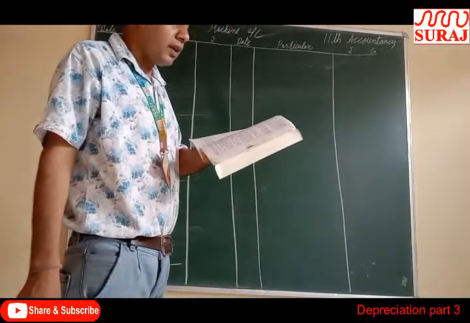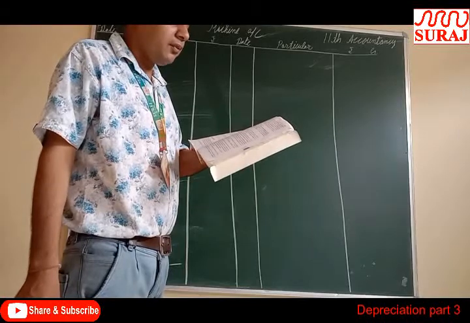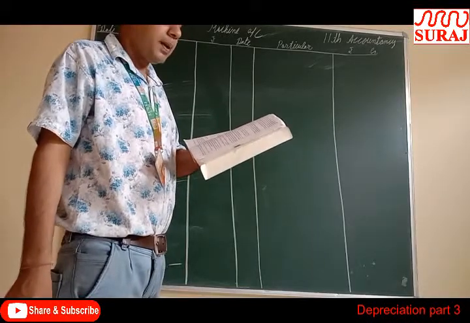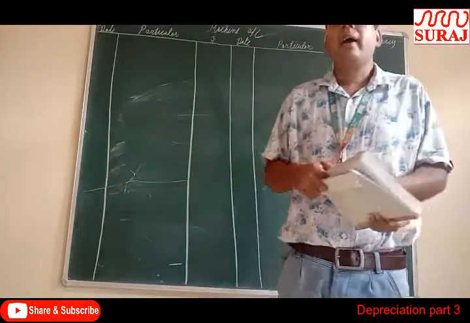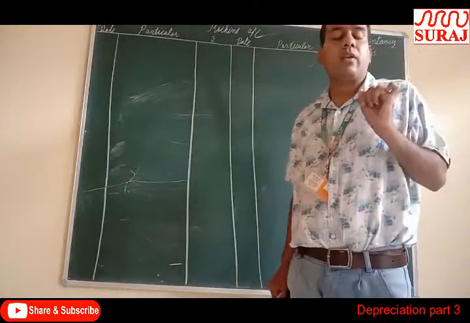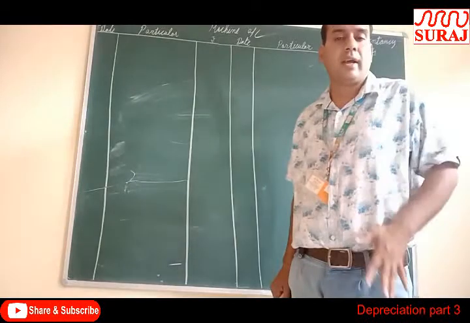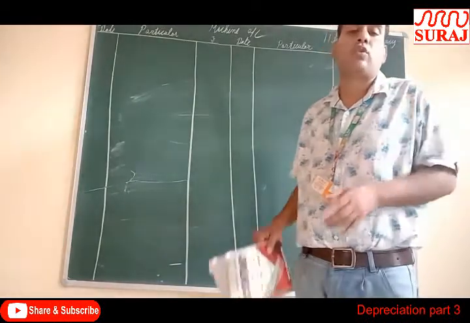On 1st January 2016, a machine was purchased for 2,40,000 and 10,000 was spent on its erection. Expenses on purchase of assets, such as erection and registration, are all included in the cost of the asset.